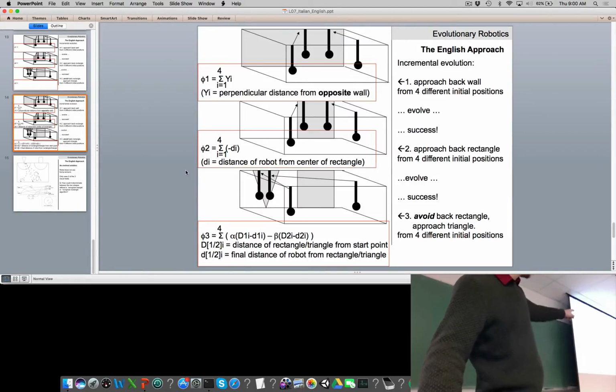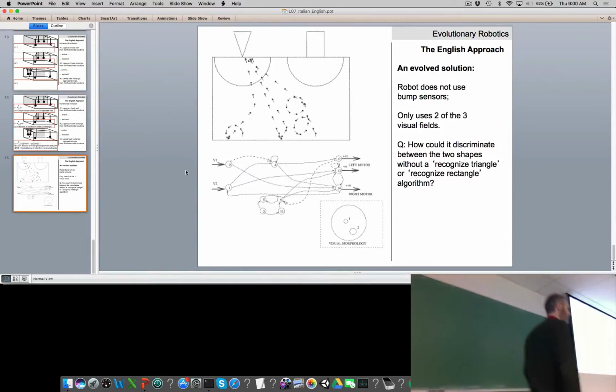So the base is at the top of the field of view. What happens now when this guy is turning, turning, turning, and hits the right edge of the triangle? What happens to V1 and V2 here? It takes longer for 2 to go dark. Bingo, right?